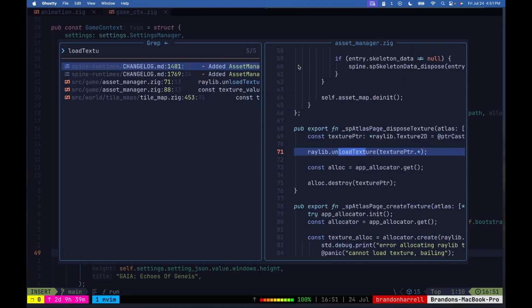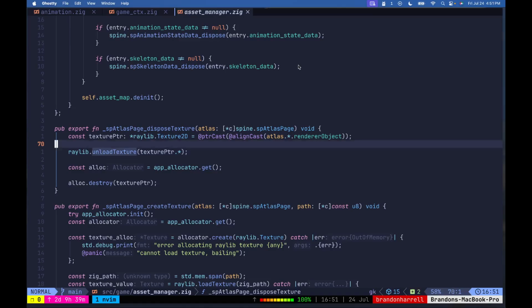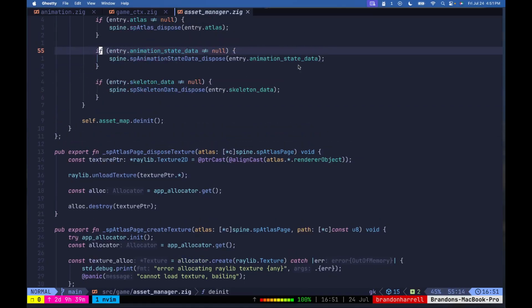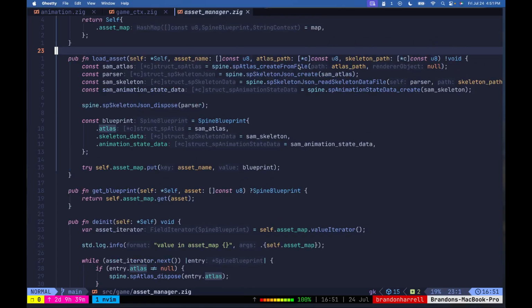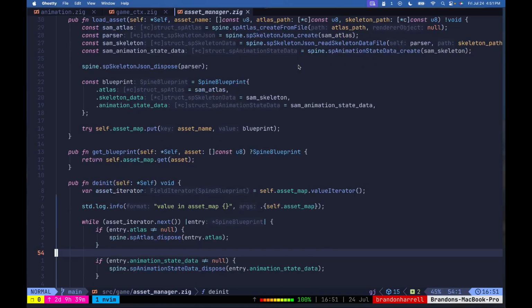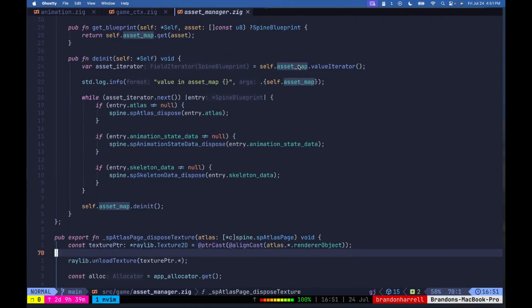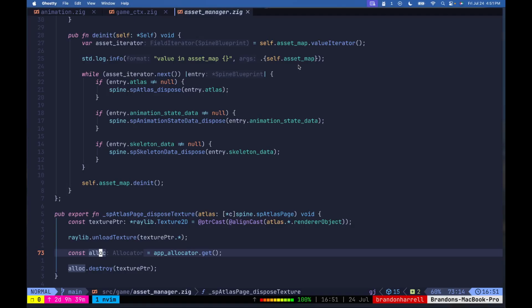Load texture. But yeah, it's my asset manager. Yes, that's correct. It's been a while since I wrote this code. These are all callbacks. These are all C functions, but they're actually exported into Zig.